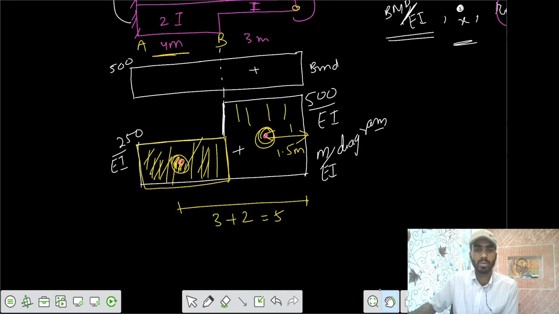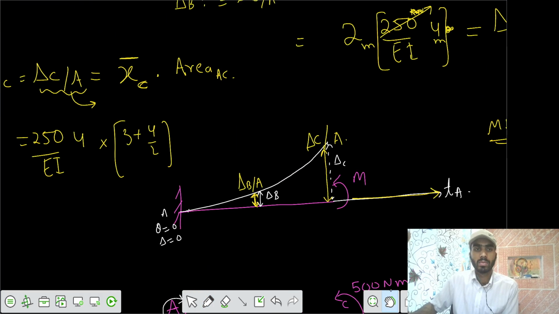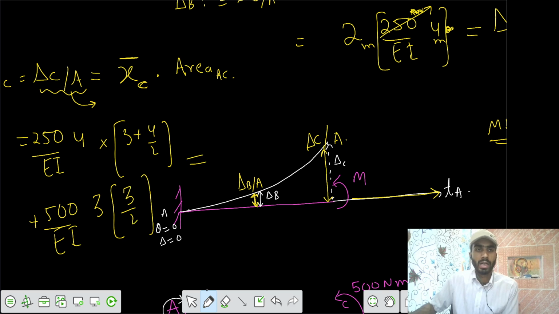Similarly, we have 500 into the length of 3 meter, which acts at 3 by 2. So plus 500 by EI into 3, acting at 3 by 2. So we can get the value of deflection at C.